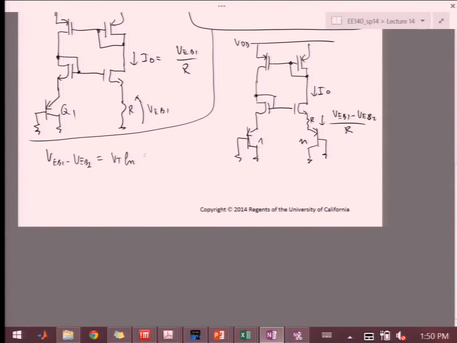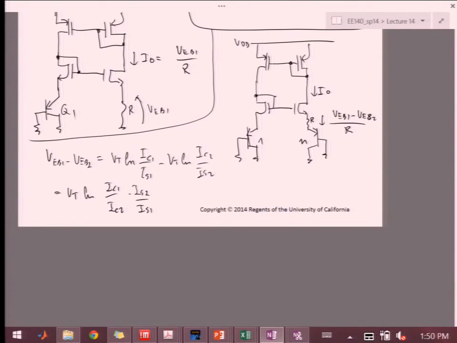VT ln of IC1 over IS1 minus VT ln IC2 over IS2, right? So that's VT ln of the ratio of the collector currents times the ratio of the leakage currents, right?